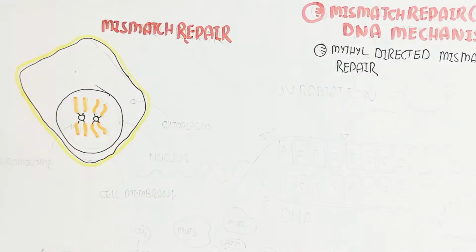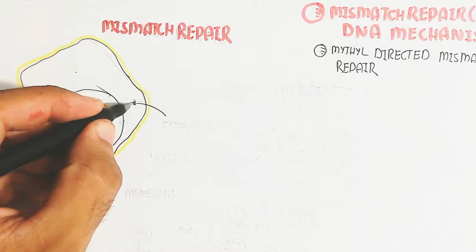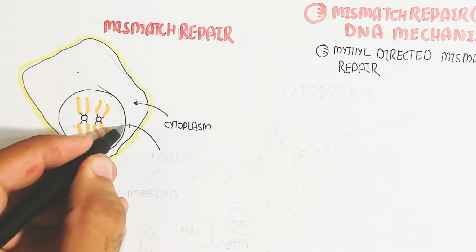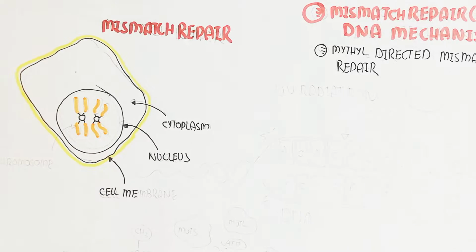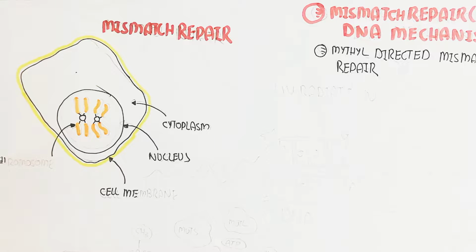So this is the cell, which contains a nucleus, and the nucleus contains chromosomes, while the cytoplasm, nucleus and cell membrane are also shown. Remember, this is a chromosome.